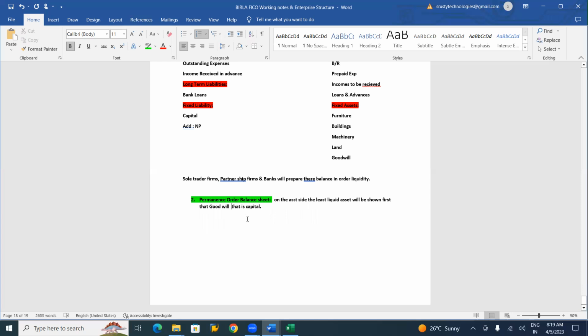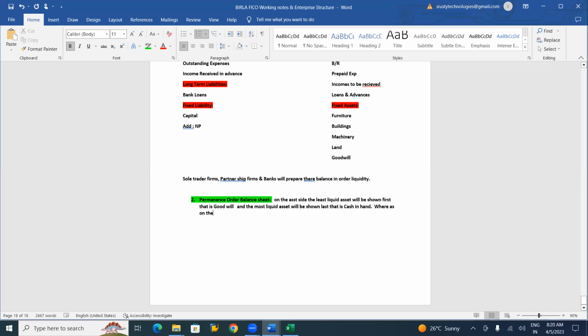That is goodwill. And the most liquid asset will be shown last. That is cash in hand.